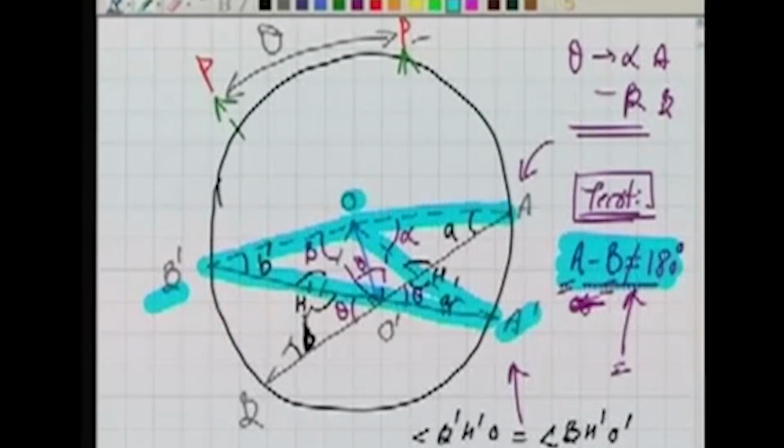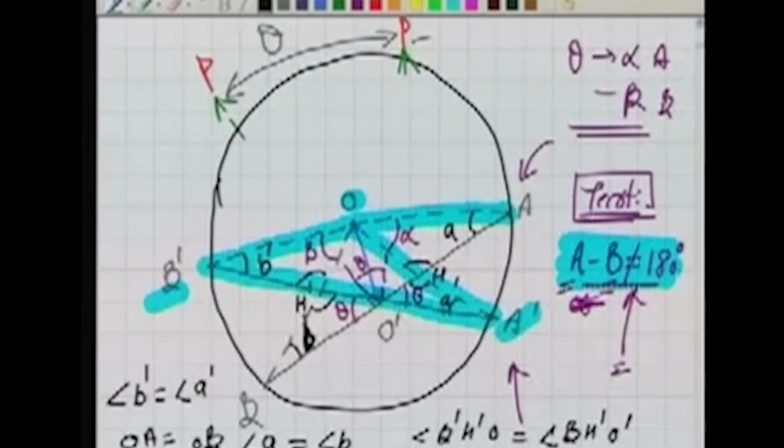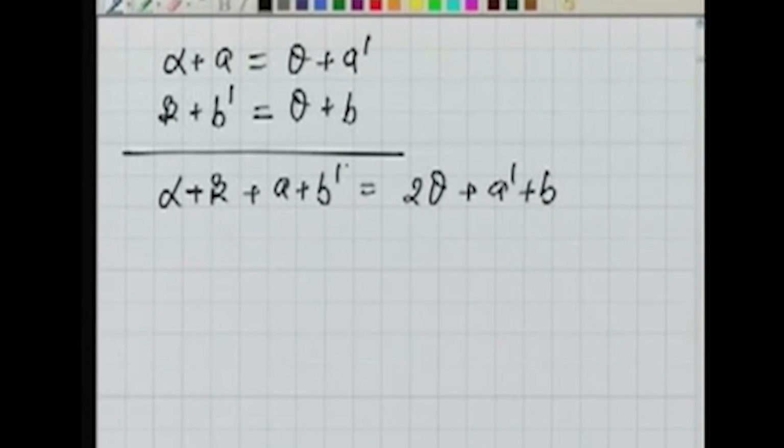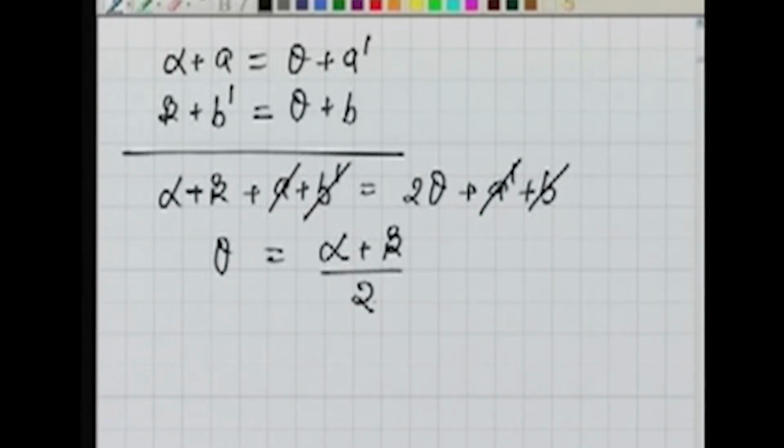Now if it is so, our angles B dash will be same as A dash. Similarly, in the triangle O, B and A, again OA is same as OB, so angle A is same as angle B. Now we go back here, our B dash is same as A dash, A is same as B, so I can eliminate this and I can write now theta as alpha plus beta divided by 2.